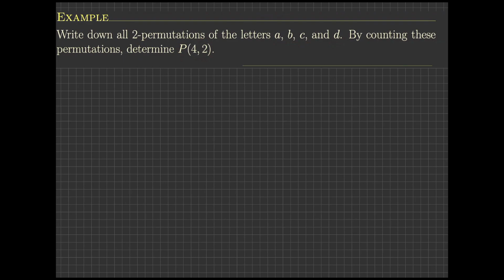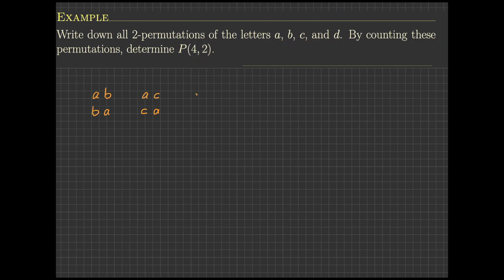For example, I can choose A and B, but I can arrange them in how many ways? I can write AB, this is one 2-permutation. There is still another 2-permutation composed from the same letters, A and B, which is BA. So these are the 2 permutations that consist of A and B. But of course there are more. I can choose A and C. I can arrange it as A first, C second, or C first and A second.